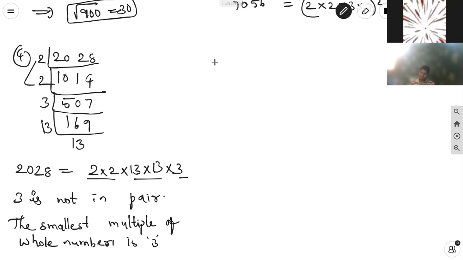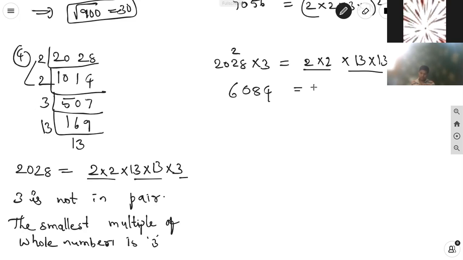So multiply both sides with 3: 2028 into 3 is equal to 2 into 2 into 13 into 13 into 3 into 3. So it becomes a perfect square. 8 3s are 24, 2 is carried, 3 times 6 plus 2 is 8, 0, 3 times... 6084 is equal to 2 into 13 into 3 whole square.